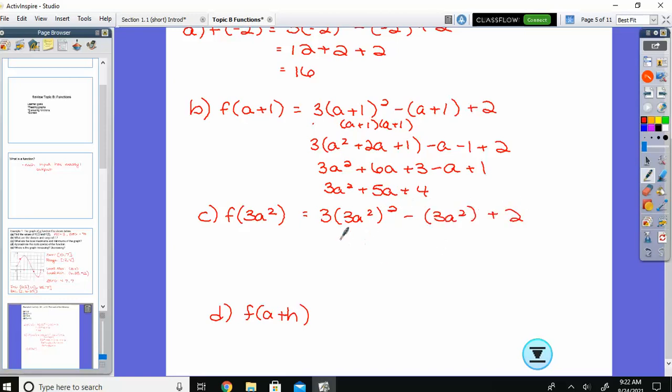Okay, so f of 3a squared, when you square that part, you get 9a to the 4th. Multiply by 3, so you get 27a to the 4th minus 3a squared plus 2. Is that one okay?